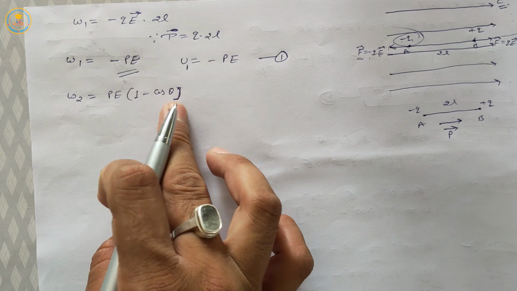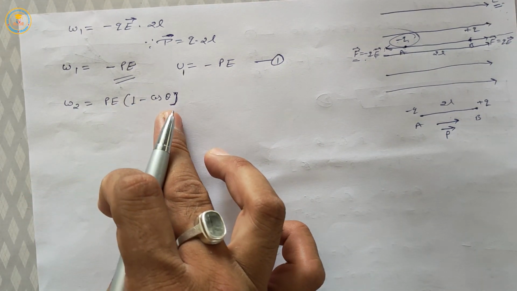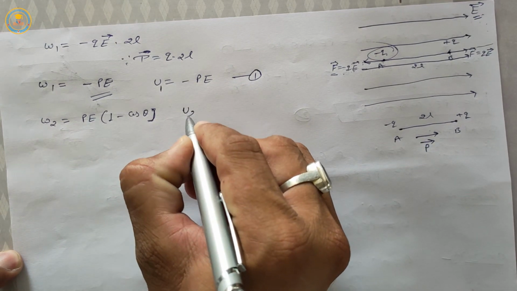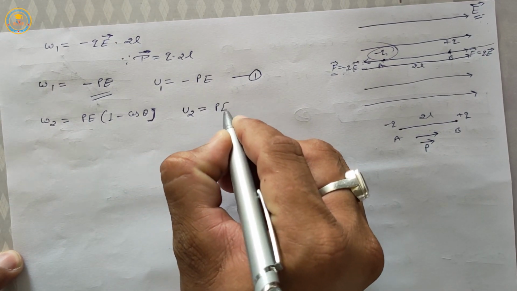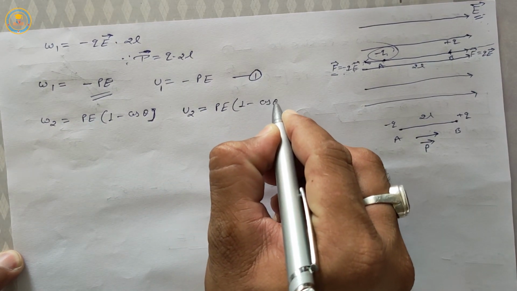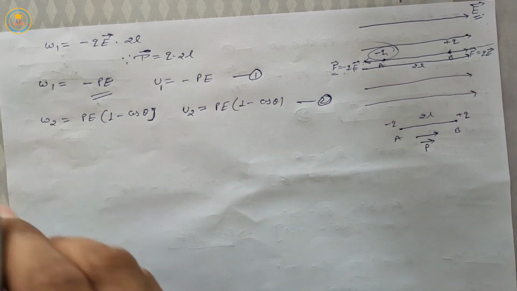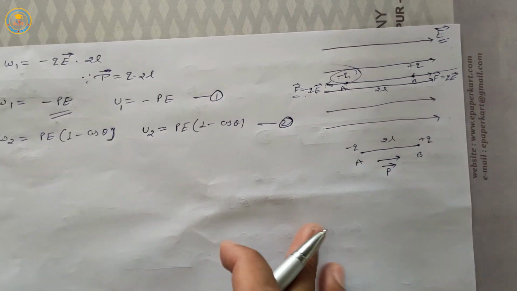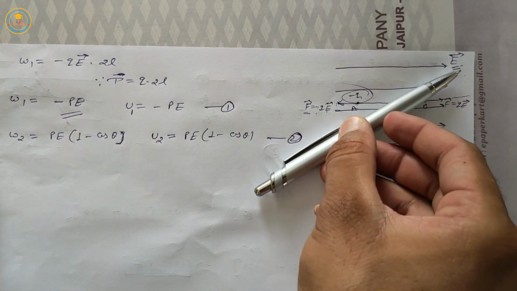Then this work done W2 is equal to pE(1 minus cos theta). So potential energy U2 is equal to pE(1 minus cos theta). This is equation number 2.